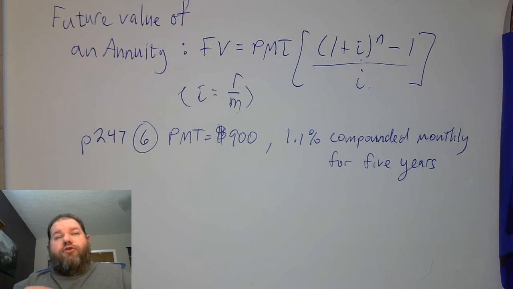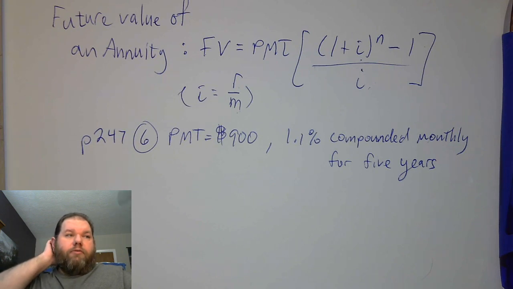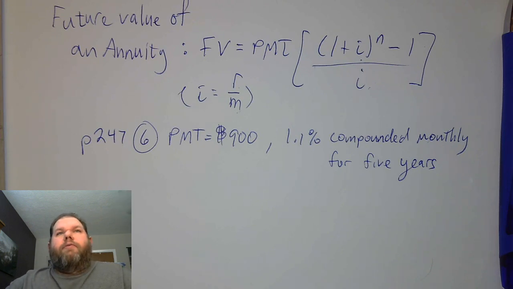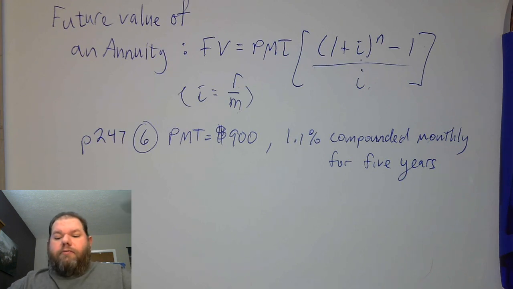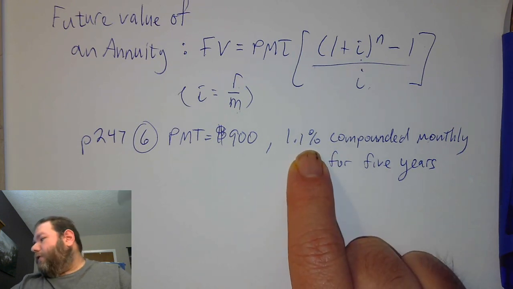So when it's a 26% annual interest rate, they'll divide that by 12 because you pay monthly, and 26 divided by 12 is 2.1% every month. Okay. The same thing is true for future value. We take 1%, the annual interest in this case.